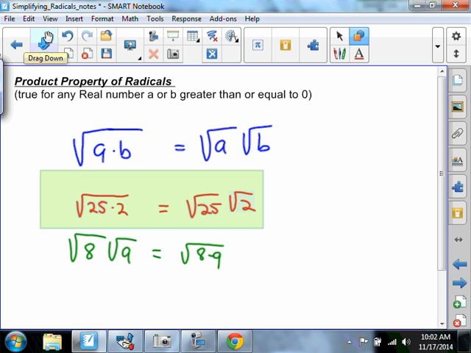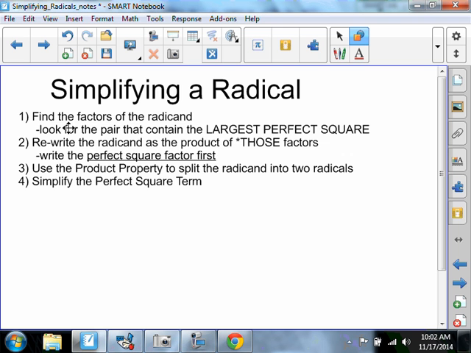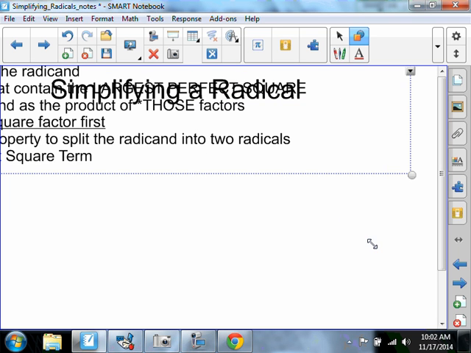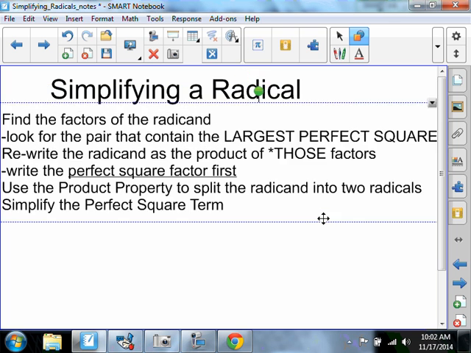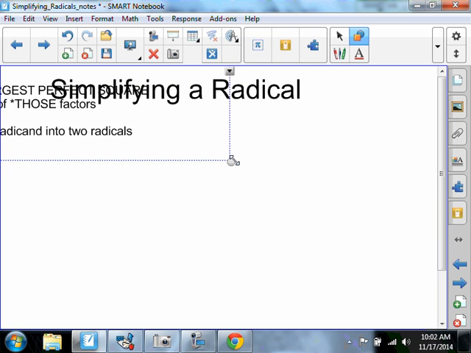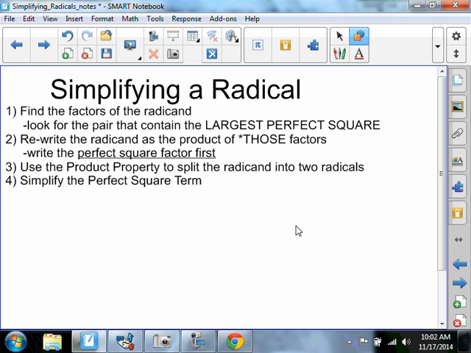So here it is. Here is the algorithm, the 4-step procedure that will make you a professional radical simplifier. Is that a word, a radical simplifier? You will be one if you can do these 4 steps. Hopefully that's big enough for everyone in the back to see.